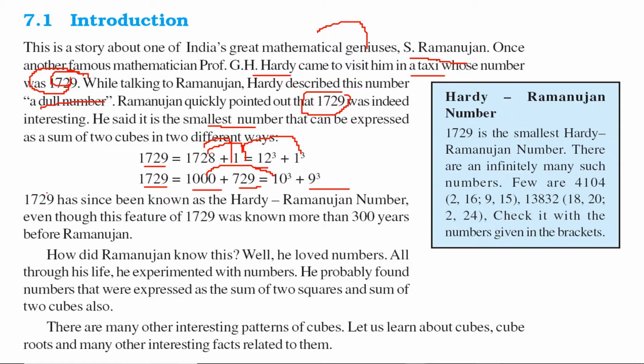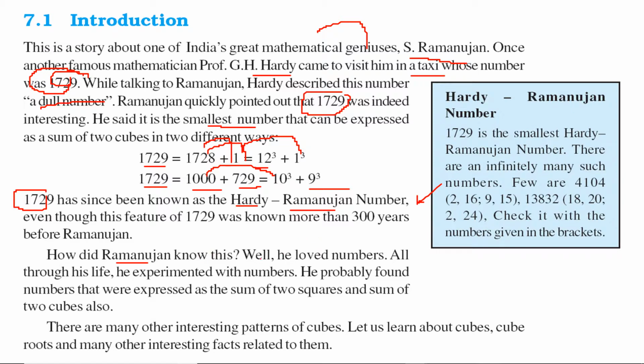So 1729 has since been known as the Hardy-Ramanujan number, right? And this feature was known over 13 years before Ramanujan and Hardy deduced it. So how did Ramanujan know this?